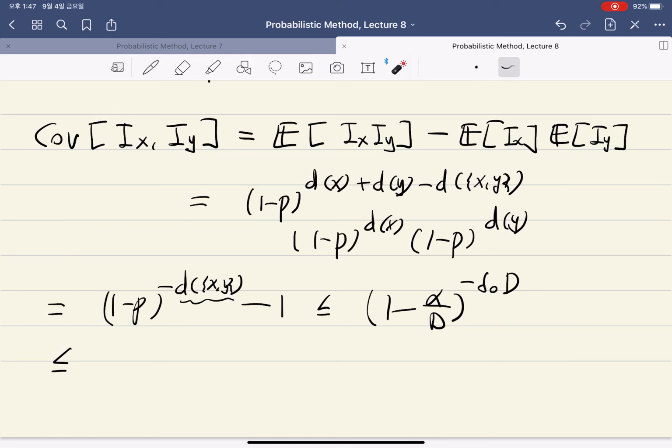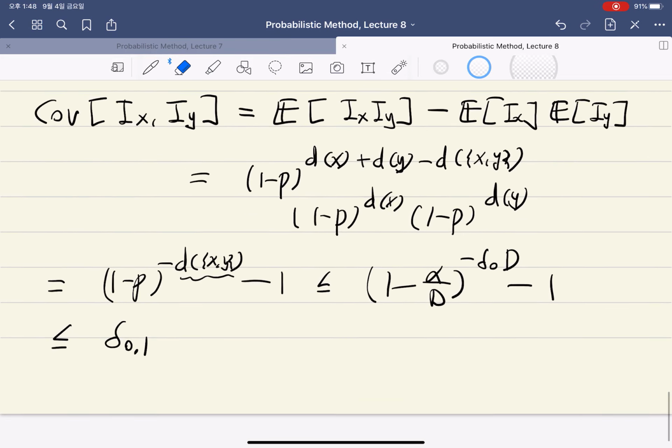Because there is a minus here, if you want to get the upper bound, you take the largest possible number there. Then again, this minus 1, we can show that it is smaller than delta sub 0.1. Again, this is something like alpha times delta 0 and a bit more, but obviously that's smaller than delta sub 0.1.